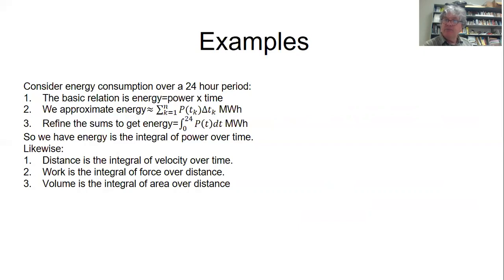If we refine the sums, we get an integral, and the energy equals the integral between 0 and 24, because we're doing it over a 24-hour period, of the power with respect to time. So energy is the integral of power over time.